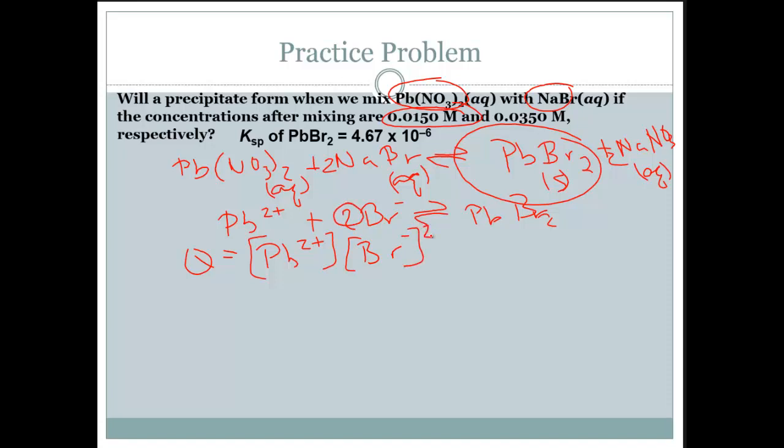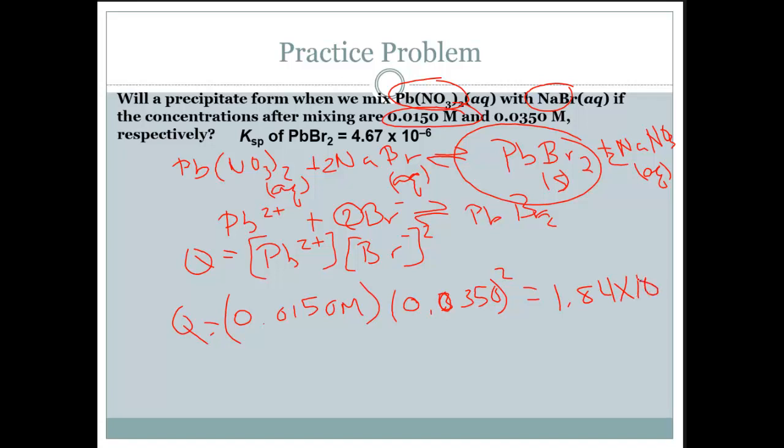So we know that the Pb is 0.015, and we know that the concentration of bromine is 0.0350. And then we square that. So Q is then equal to 1.84 times 10 to the negative 5.